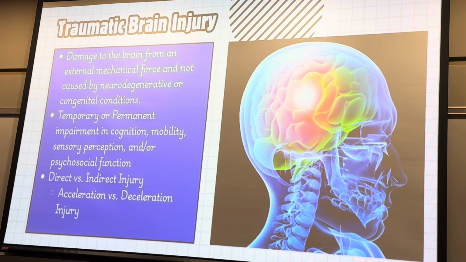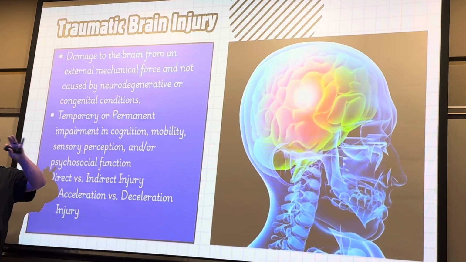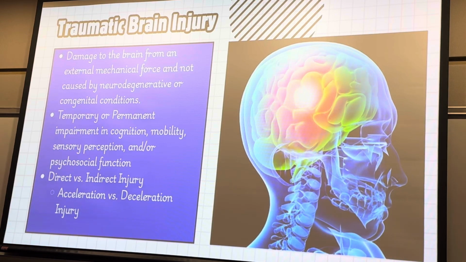Traumatic brain injuries. Some type of force, whether it be direct or indirect, causes trauma or injury to the cerebrum, to the brain, inside that skull. Not part of the congenital, not part of some type of neurodegenerative process.